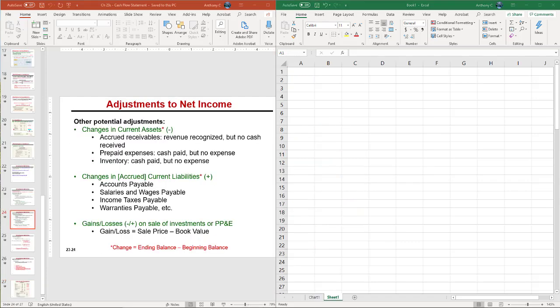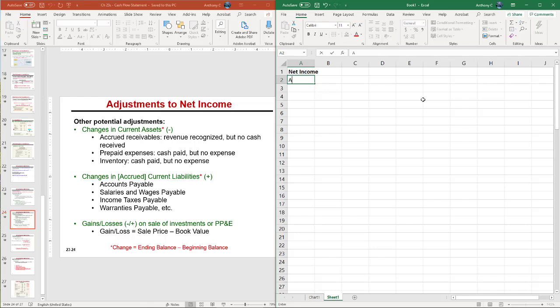All right, so we covered how to adjust for non-cash expenses and other non-cash items on the previous slide. Other potential adjustments we'll make are for changes in current assets. Right, so earlier we said that for net income, we subtracted out an increase in our accounts receivable.